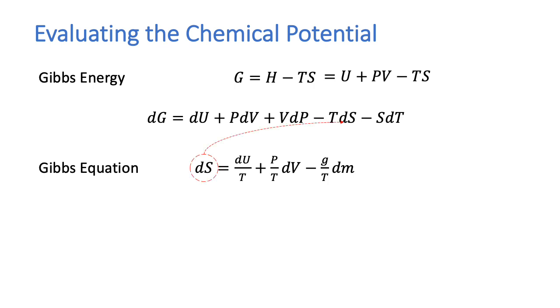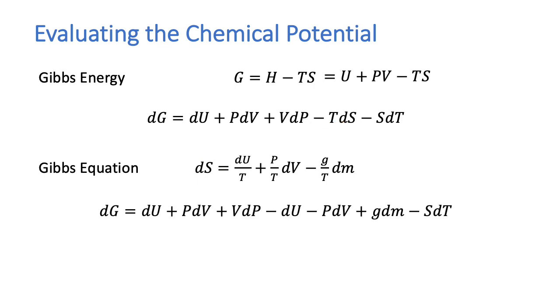Let's substitute dS back into our equation for dG. If we do that, we get that dG is equal to dU plus P dV plus V dP minus dU minus P dV plus g dm minus S dT. Now, a number of these terms cancel out.